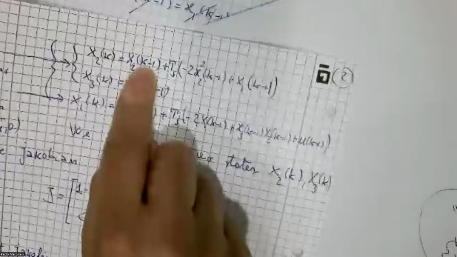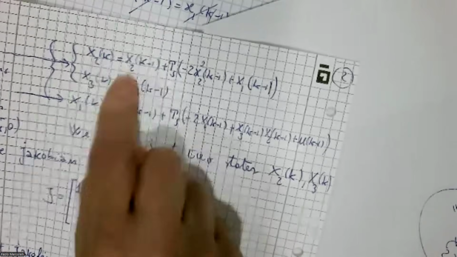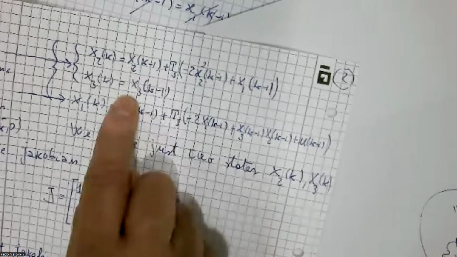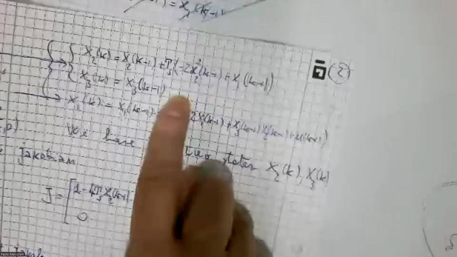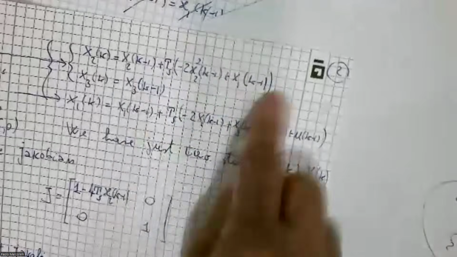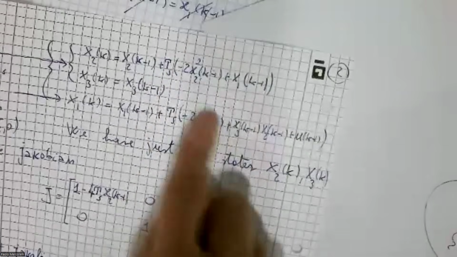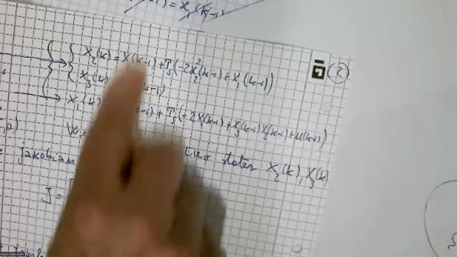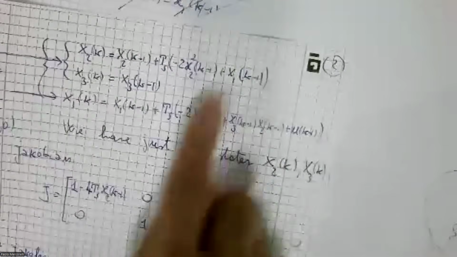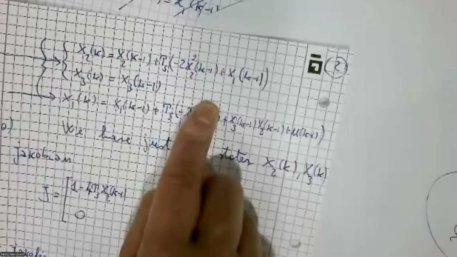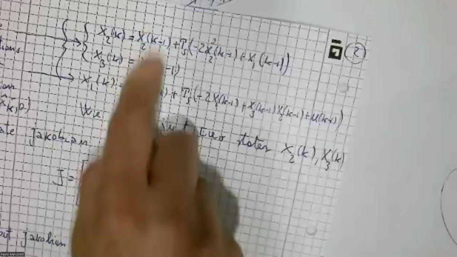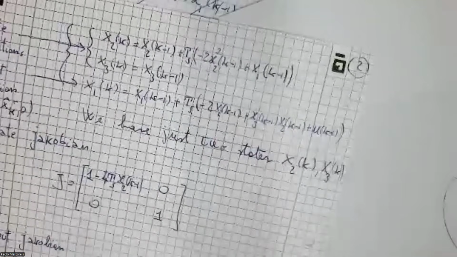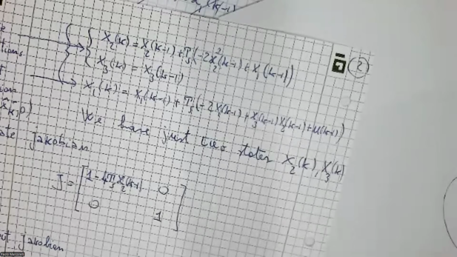Here we have xa, which consists of x2 of k minus 1 and x3 of k minus 1 in a column vector. And you can see here plus 0. Here I have to add this element in the vector. This means I am considering these two elements as in a column vector. And this element and 0 is in another column vector. Therefore, I add two column vectors, this and this one, in which we have a 0 here. The rest, I copy the second variation.